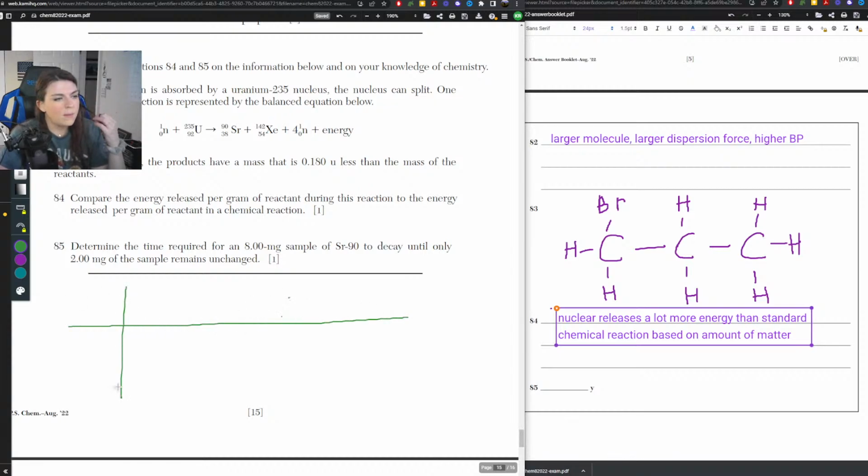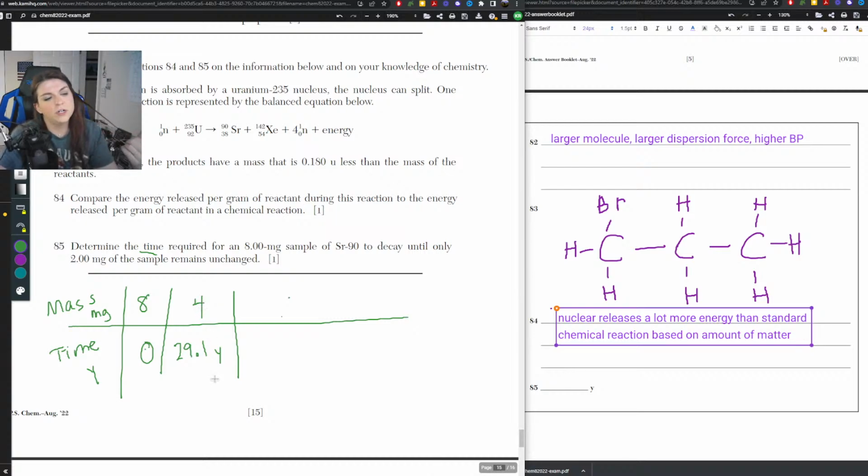Okay. We are working here with mass and time. We are starting with 8 milligrams, and this is years. We have 8 milligrams right now when 0 years have passed. But what was it, 29.1? Yes, 29.1. After 29.1 years have passed, I now will have 4 milligrams of the strontium-90 left over.